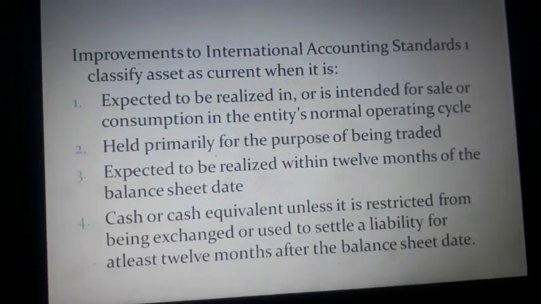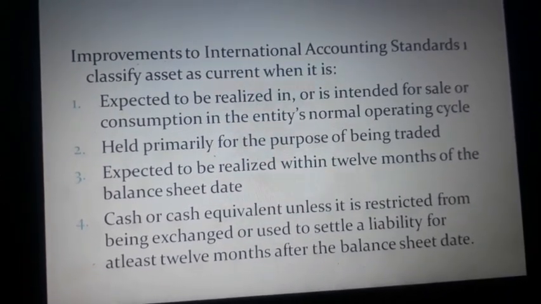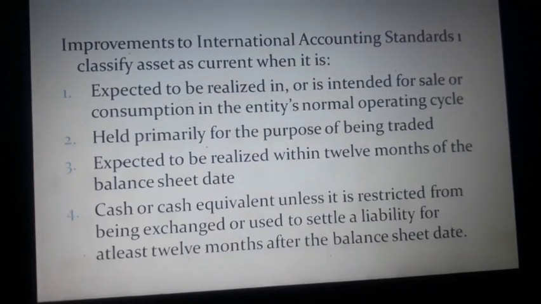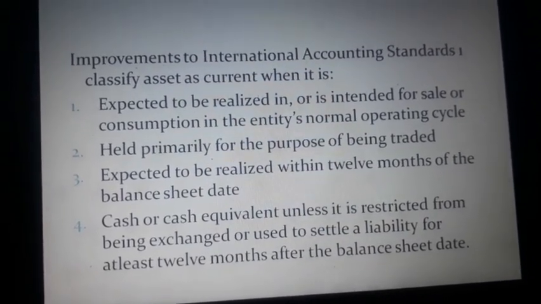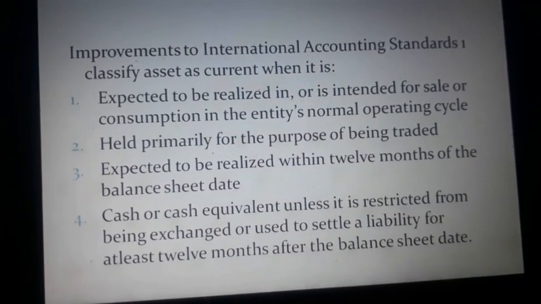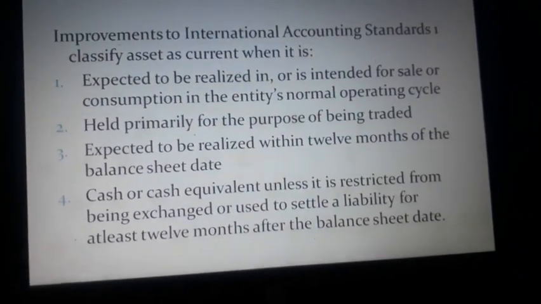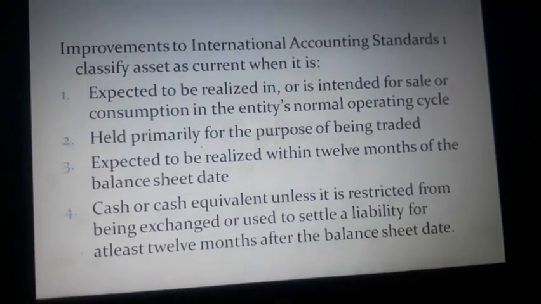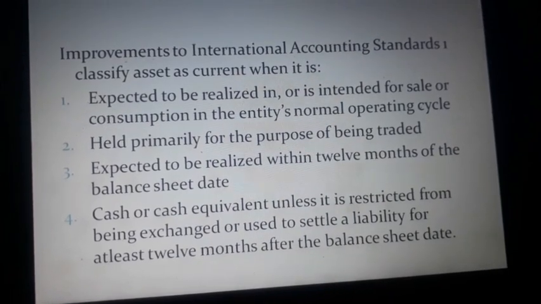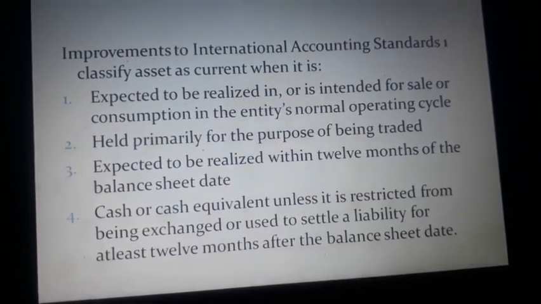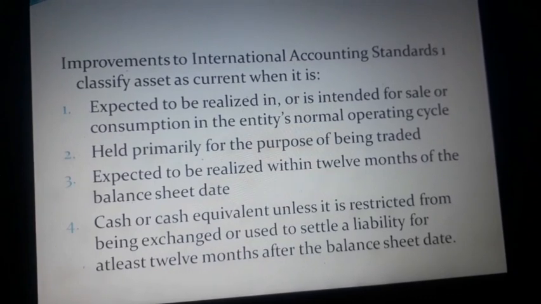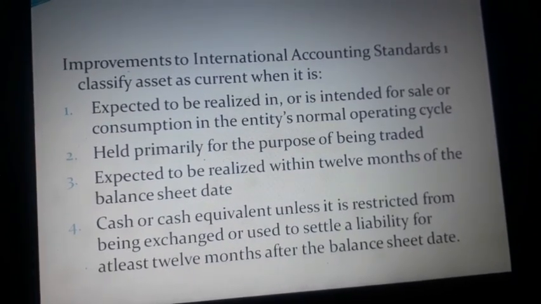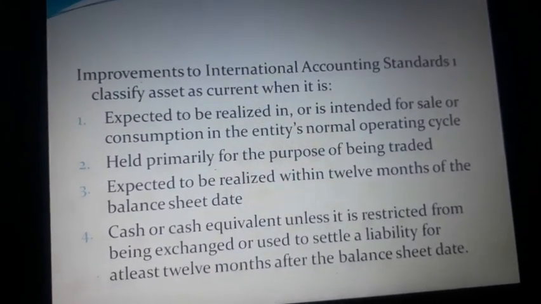Okay, so number 4, cash or cash equivalent unless it is restricted from being exchanged or used to settle a liability for at least 12 months after the balance sheet date. Mabibilang lamang po siya as current kung unrestricted po ang cash or cash equivalent ninyo.